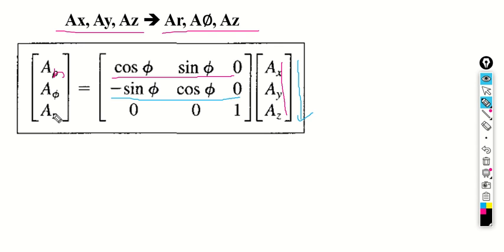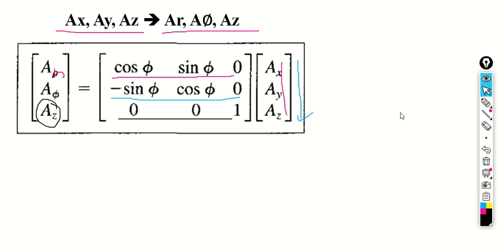So that is why you are observing in the last row or in the last column, the values put are 0. So Az multiplied by 1. So Az in cylindrical coordinate system and Cartesian coordinate system is remaining the same. So Az is equal to Az that you will get.